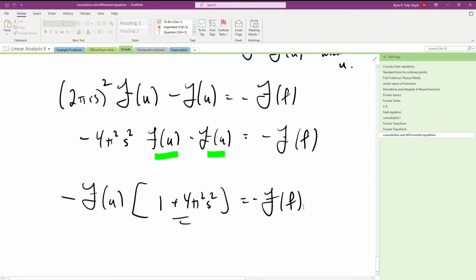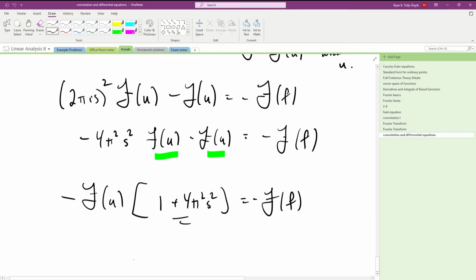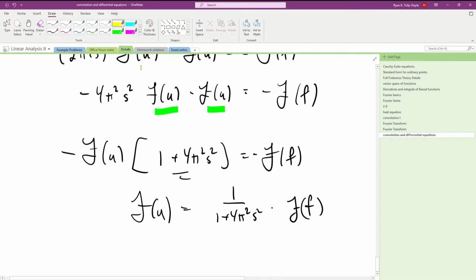So the Fourier transform of u is equal to 1 over 1 plus 4 pi squared s squared times the Fourier transform of f. Okay, so this was the goal, to try to get the Fourier transform of my answer all by itself. And on the other side, I've got this expression.